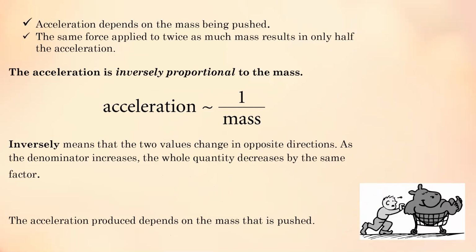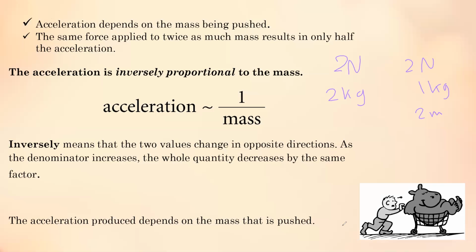If you apply the same force on both objects, and the first one has twice the mass of the second one, it will accelerate at half the acceleration of the second. Like I told you, you have 5 Newton on both of them. Let's say I have another example, 2 Newton here and 2 Newton here. For the first one, its mass is 2 kilograms, the second one is 1 kilogram.